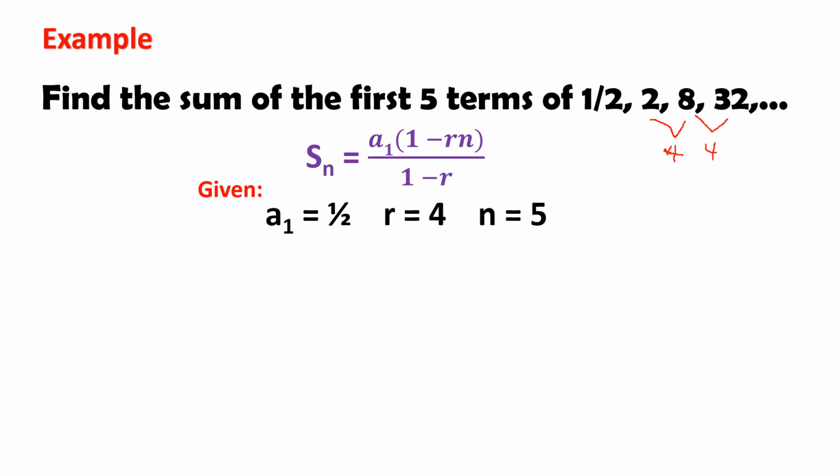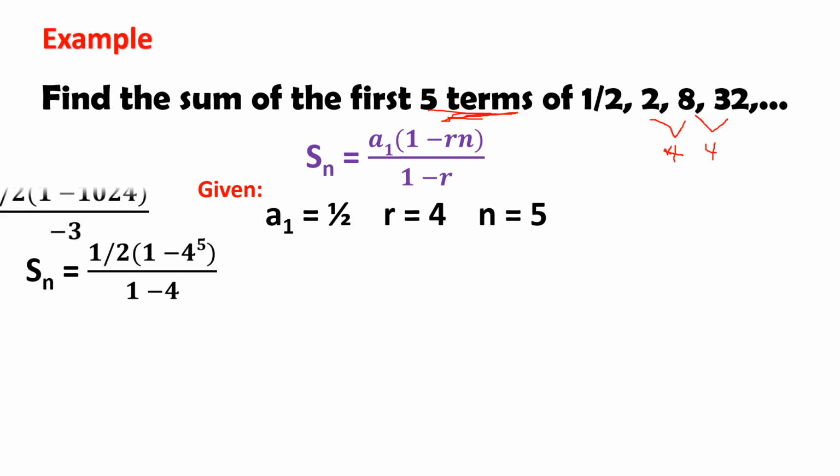So our r is 4. And the number of terms, since we are going to solve for the first 5 terms, our n will be equal to 5. So using the formula, substitute all the given information. Your first term is 1 half, the r is 4, while the n is 5.